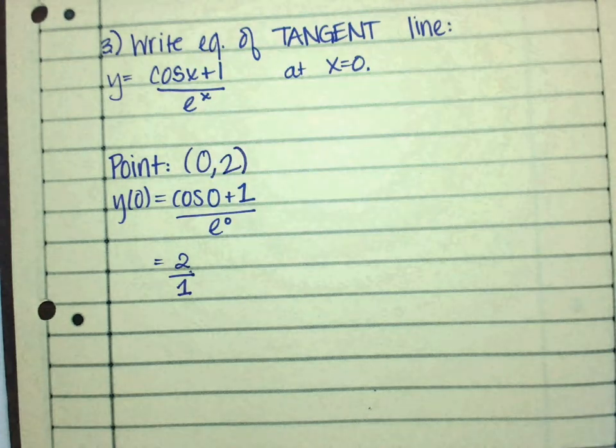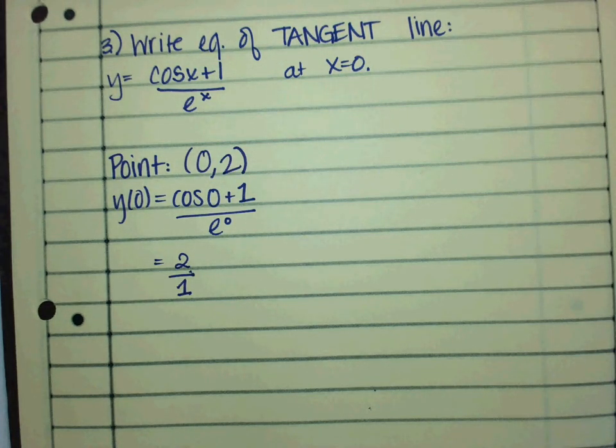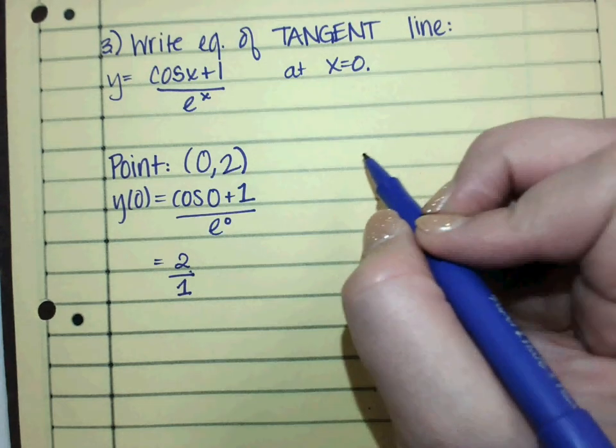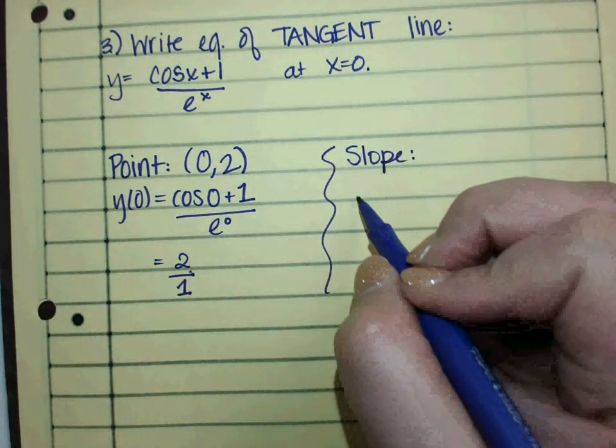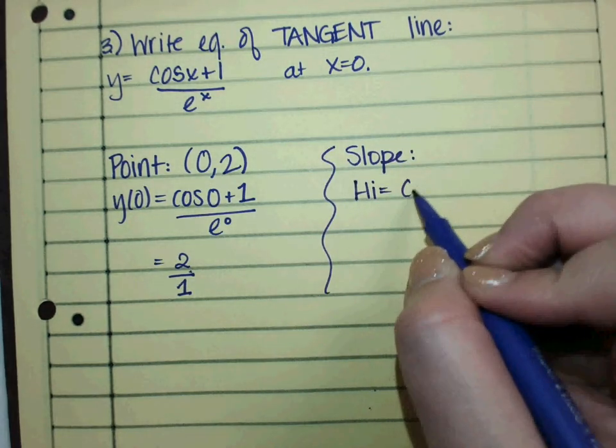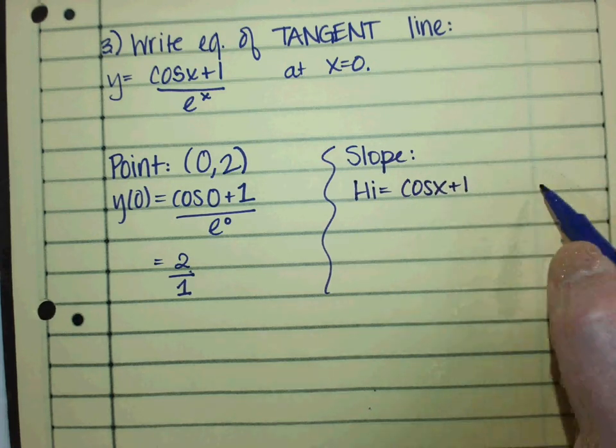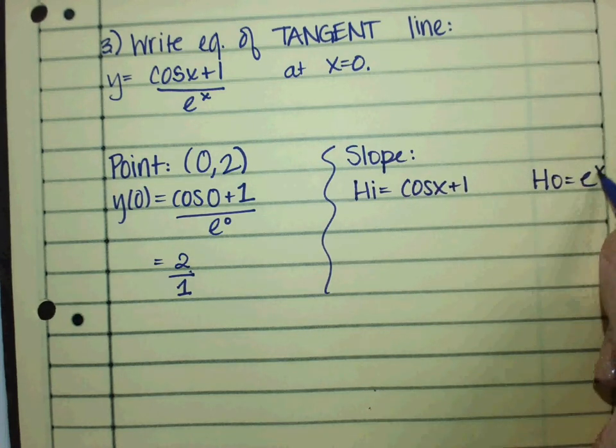Everybody good so far? Yeah. Okay, from there we're taking the derivative. If it's a fraction, it will require the quotient rule. So label your hi and your ho. Hi is going to be cosine x plus 1. Ho is going to be e to the x.